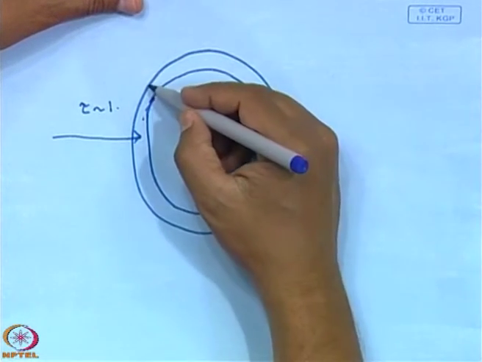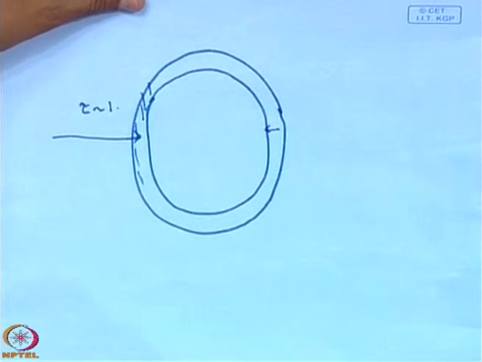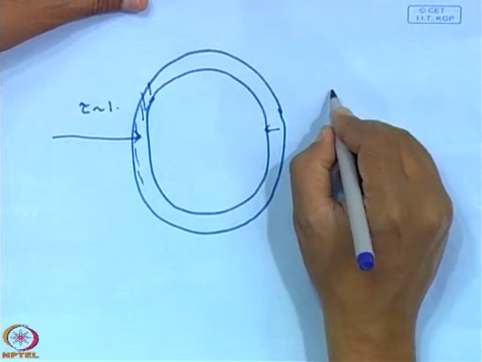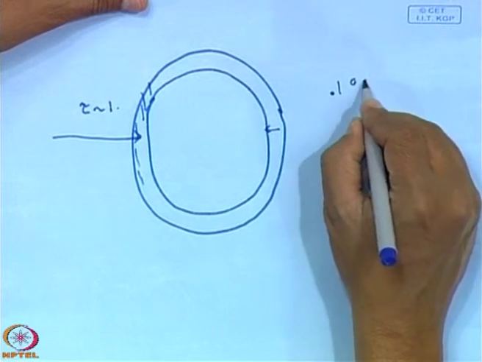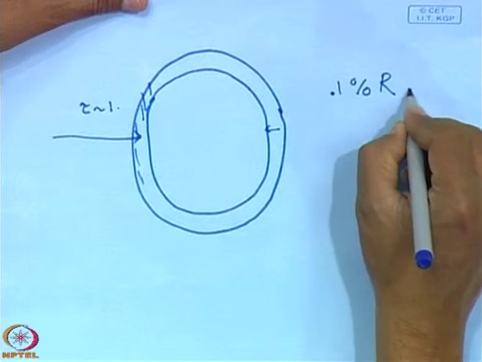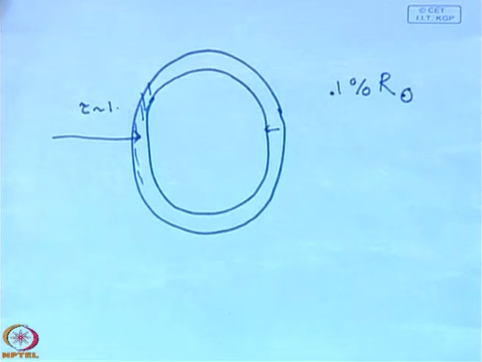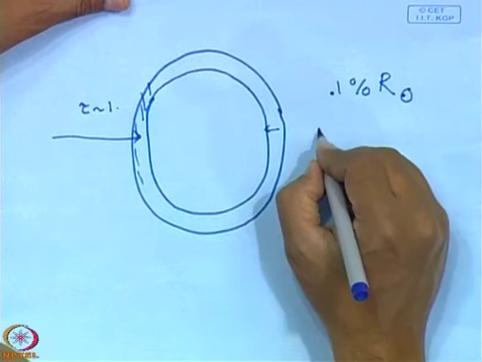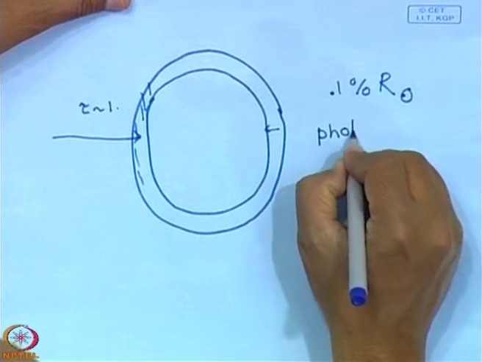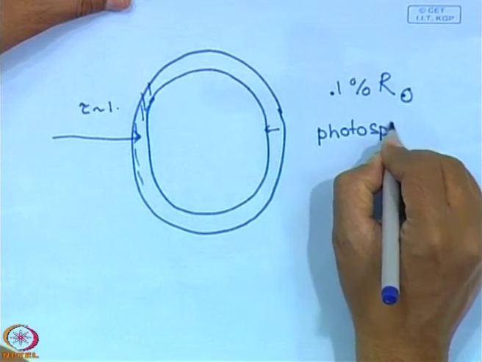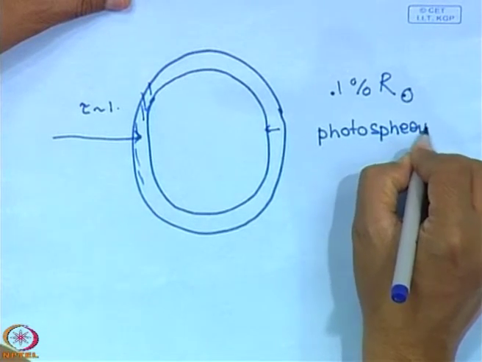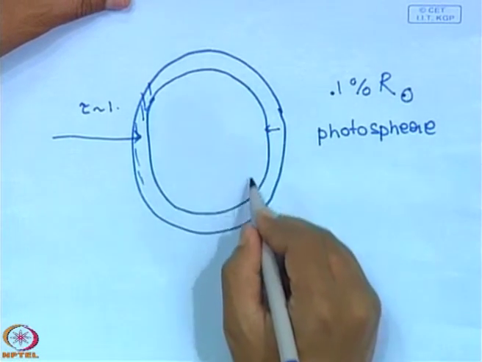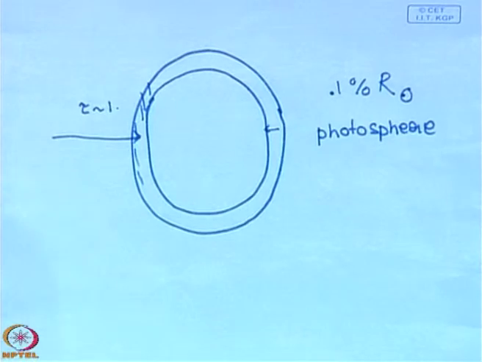It originates from a thin shell, and the thickness of this is extremely small, around 0.1% of the total radius of the sun. This is called the photosphere. So, the photosphere is where the optical depth reaches 1.